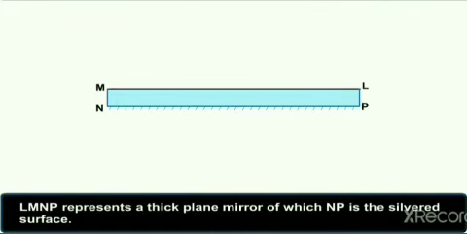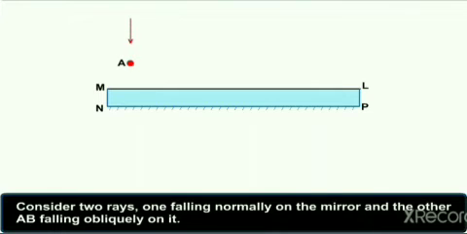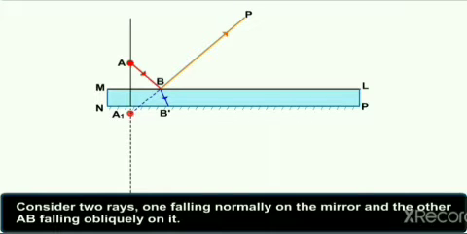LMNP represents a thick plain mirror, of which NP is the silvered surface. An illuminated object A is kept in front of it. Consider two rays, one falling normally on the mirror and the other, AB, falling obliquely on it.